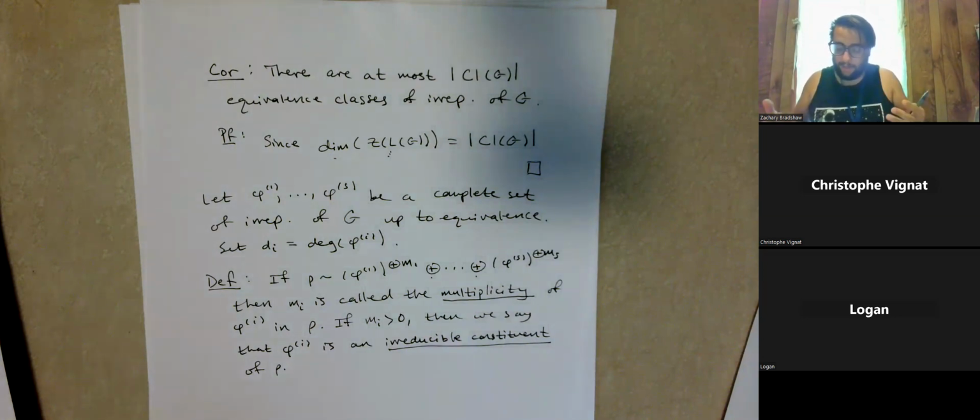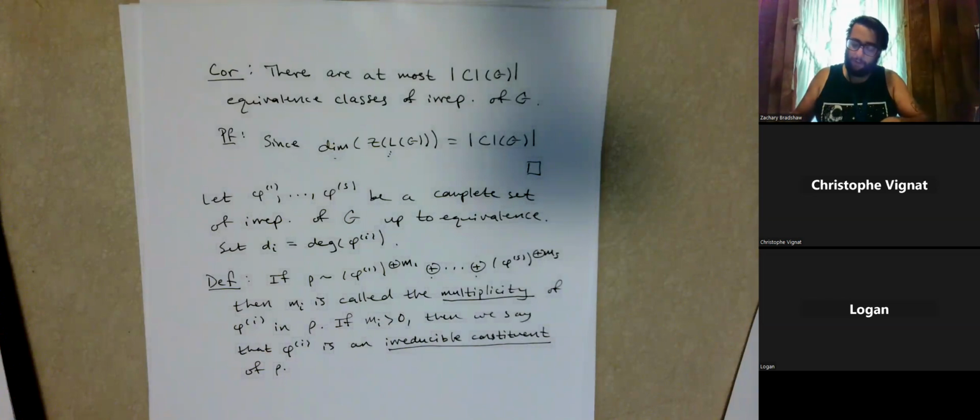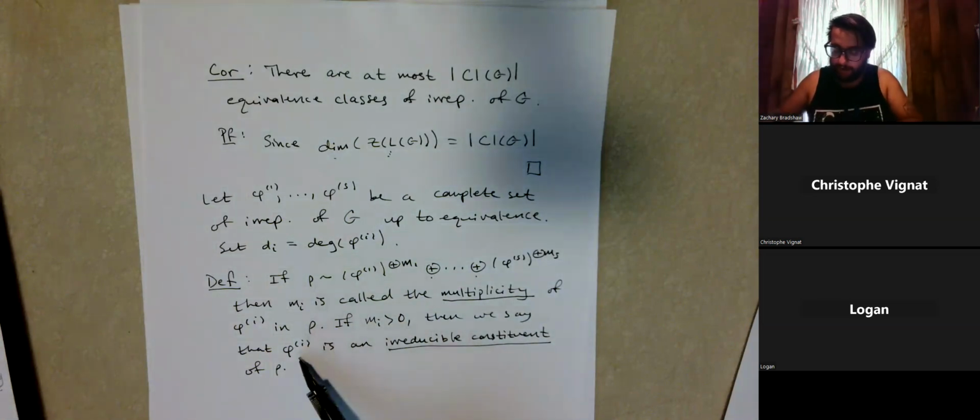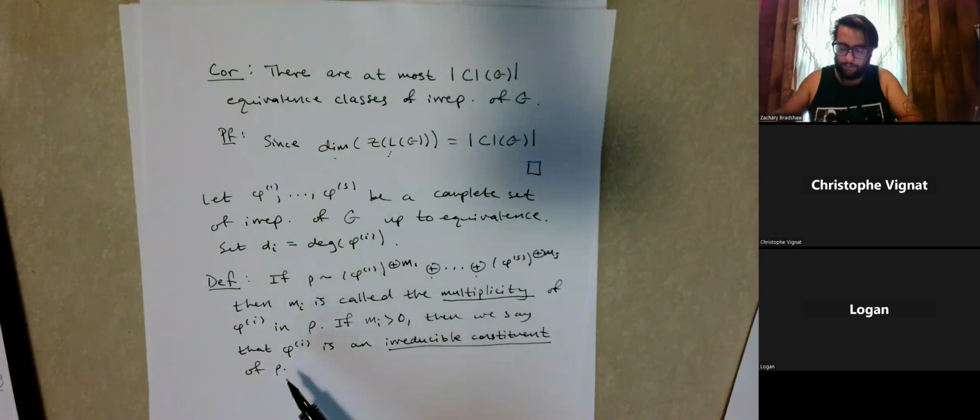So what would be nice is if we could compute the multiplicity directly from the character of rho, because the character of rho depends only on the equivalence classes of irreducible representations. So it would then follow that the multiplicity of phi i is the same no matter how we decompose rho.